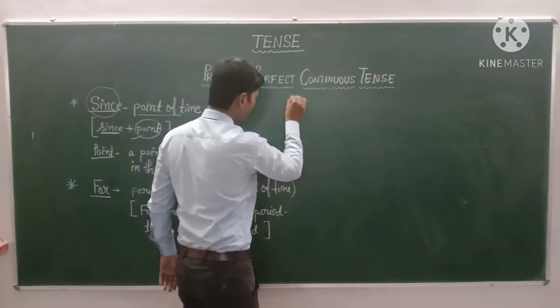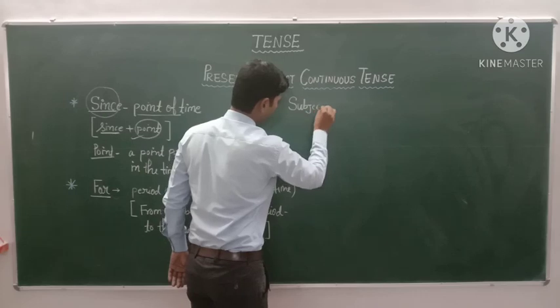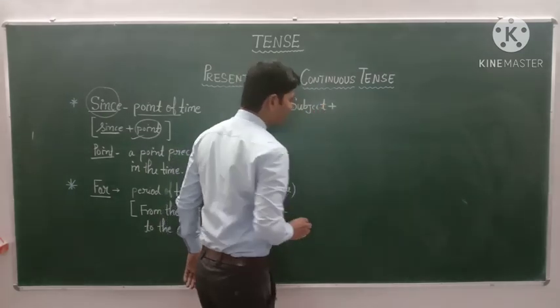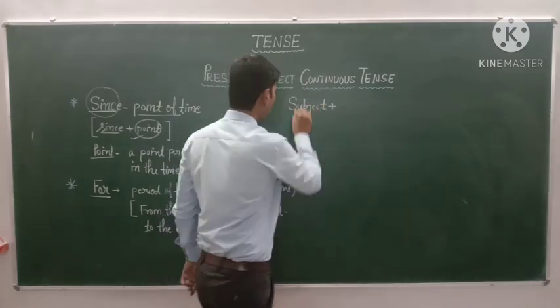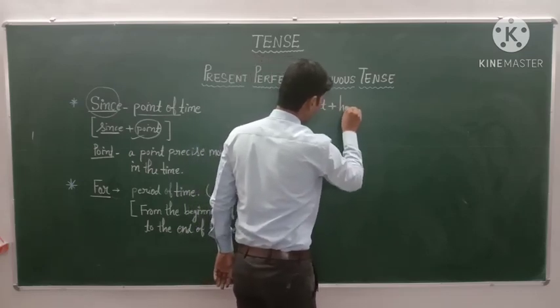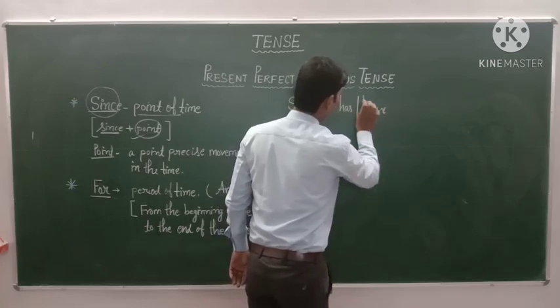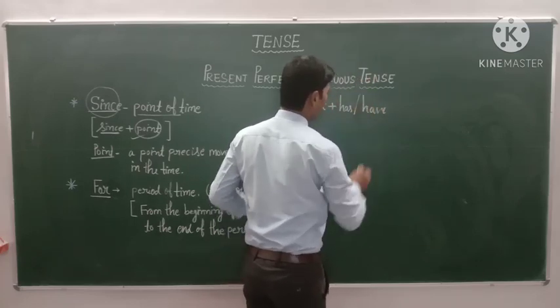First of all, we should note down subject, right? After that, there should be has or have. Has or have.